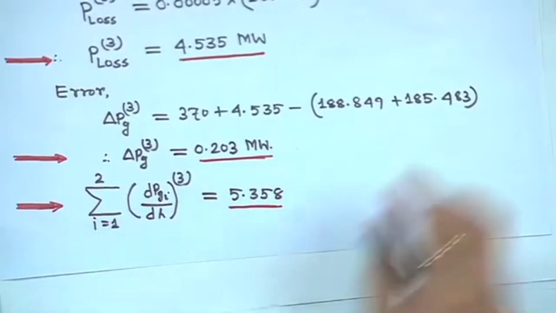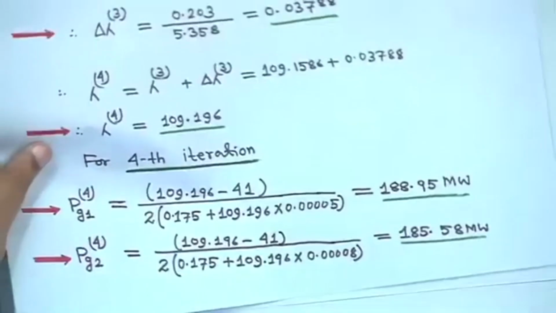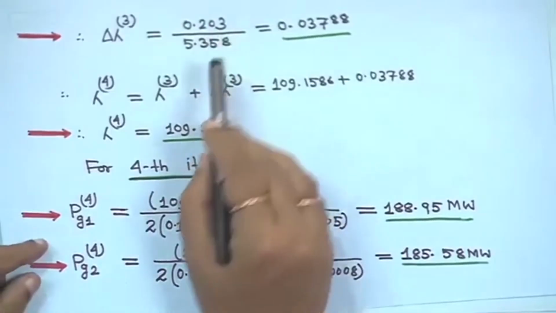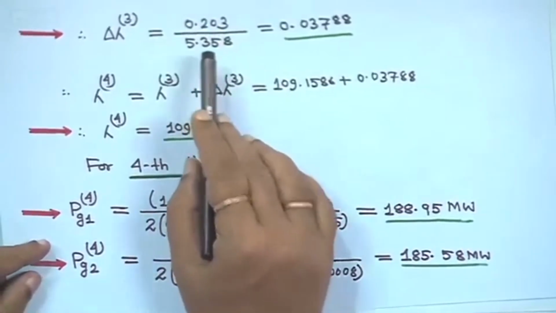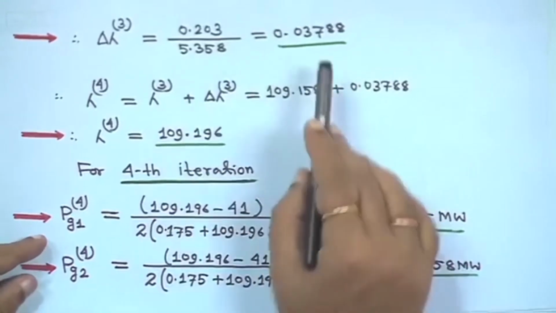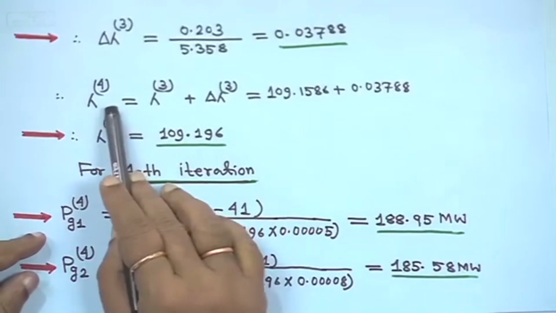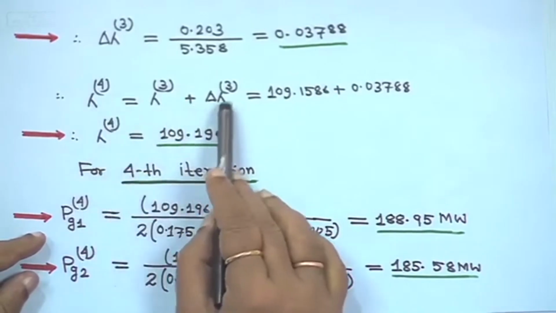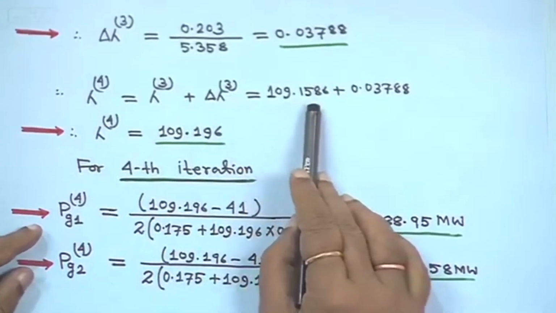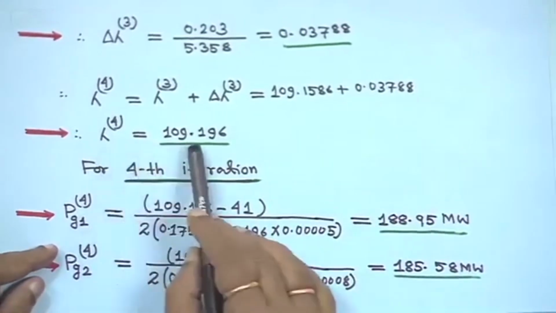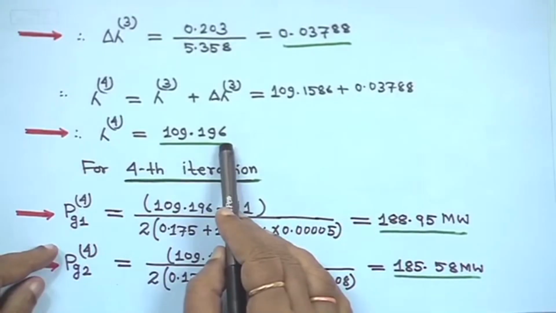Therefore, delta lambda 3, with delta Pg equal to 0.203 and the summation of dPg by d lambda equal to 5.358, comes to 0.03788. Therefore, lambda 4 is equal to lambda 3 plus delta lambda 3, so 109.1586 plus 0.03788, and lambda 4 will be 109.196.